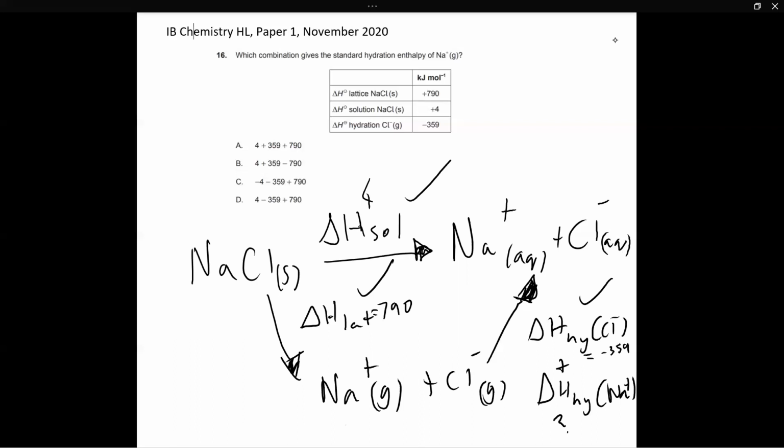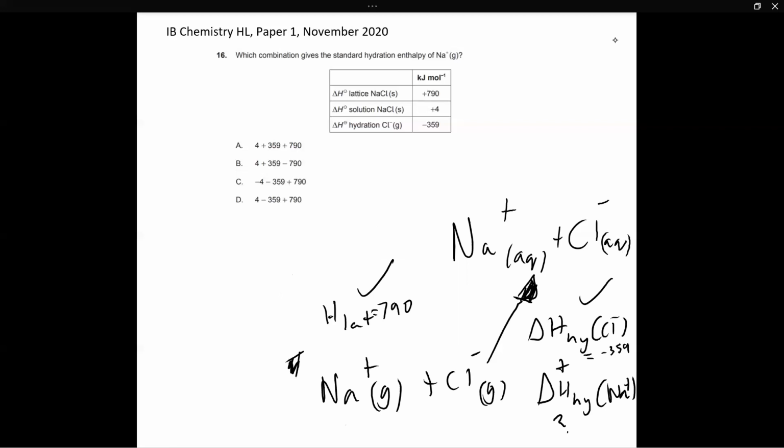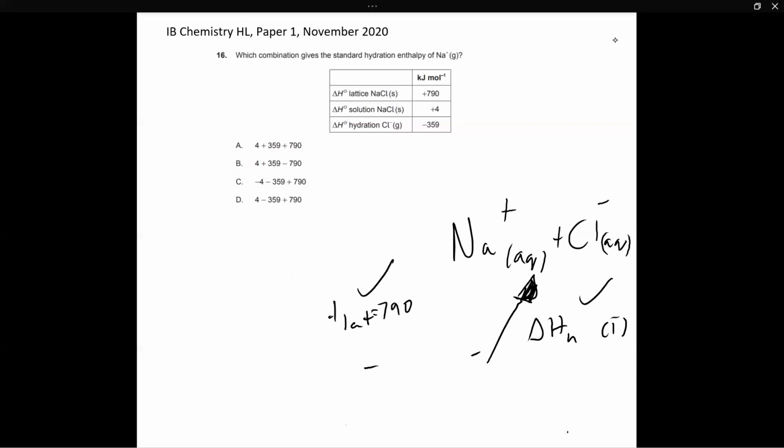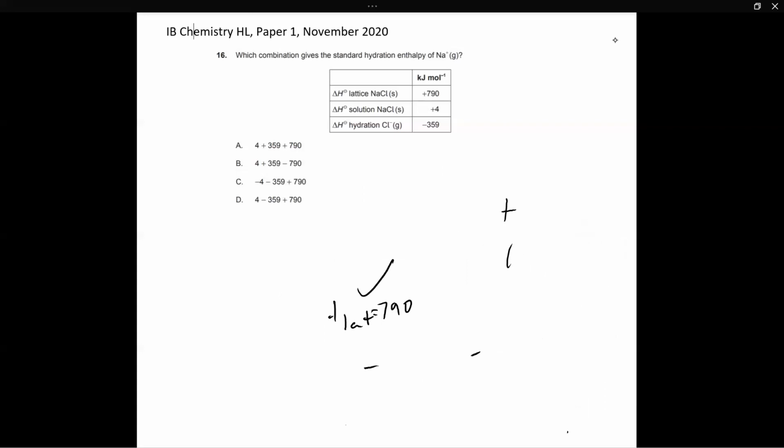359. Now, in order to make this all simpler, I'm going to revert back to the word equation so that we can substitute the values and then rearrange the equation in order to find out the enthalpy of hydration for the sodium ion. So that is all this question is. If you have a firm understanding of the concept, if you know what Hess's law is, if you know what these different enthalpies are, you'll be able to solve this question very easily.